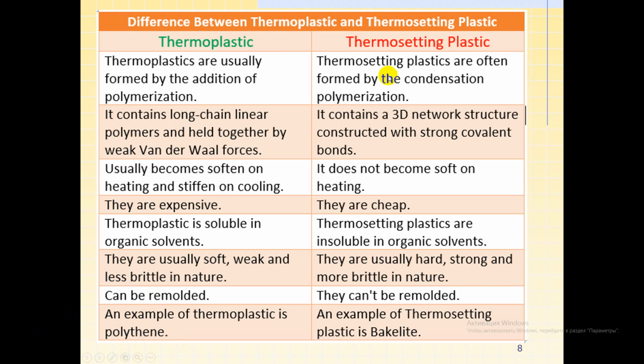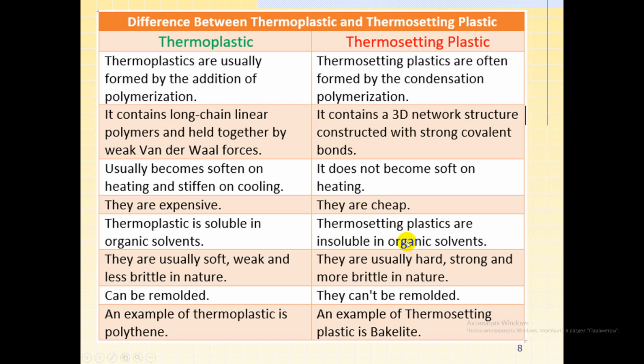Polyethylene and thermosetting plastic are often formed by condensation polymerization. It contains a 3D network structure constructed with strong covalent bonds. It doesn't become soft on heating. They are cheap.